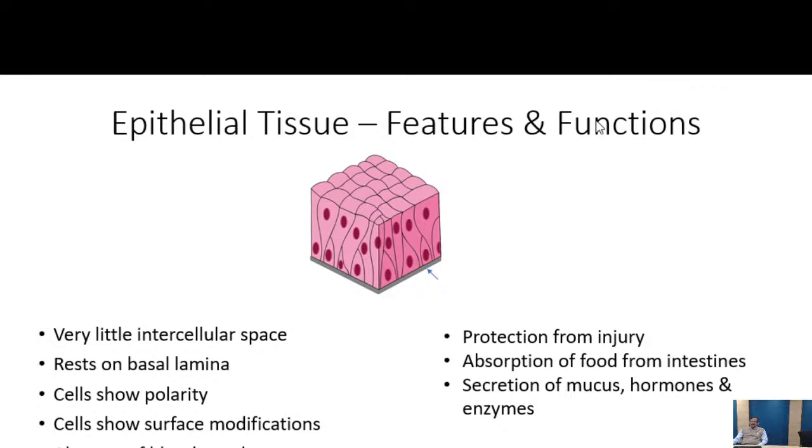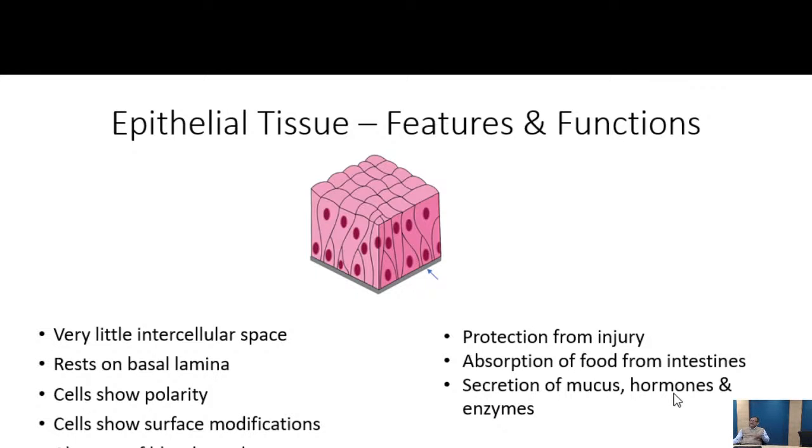And if you look at the functions, then obviously the skin, which is also an epithelial tissue, protects us from injury. As it is lining our gut, it is helping in the absorption of food, and within the gut, like in the mouth or within the stomach, it is responsible for the formation of glands which will produce mucus.